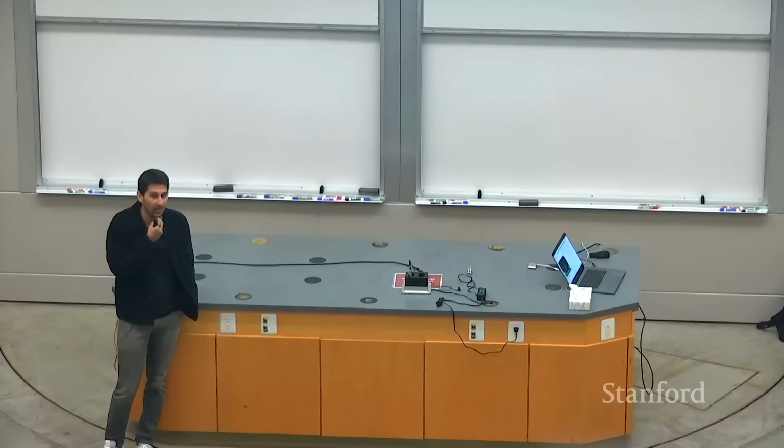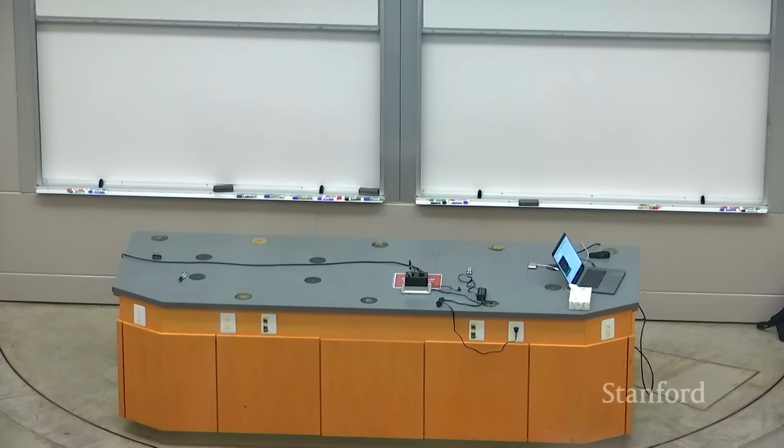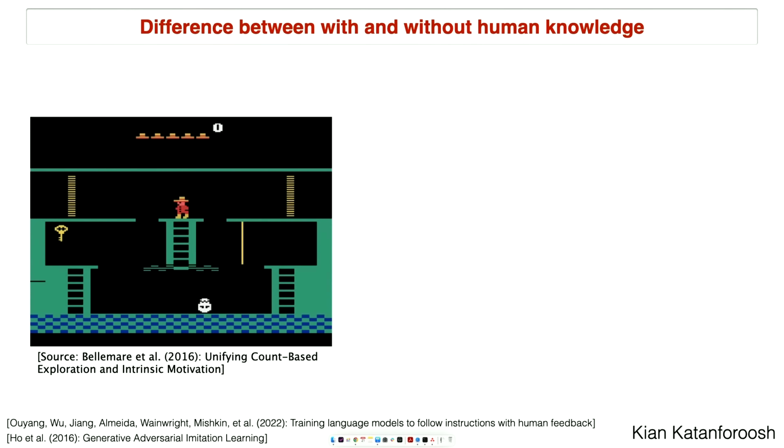Yeah. The reward is very delayed. Like if you start with a random network, what are the chances that the network is going to figure out that to get to the key, it actually should go in the opposite direction? It should jump down here. It should catch the rope. The rope will probably allow the character to go to the ladder. It goes down the ladder. It has to jump on this enemy. My guess is it's an enemy.